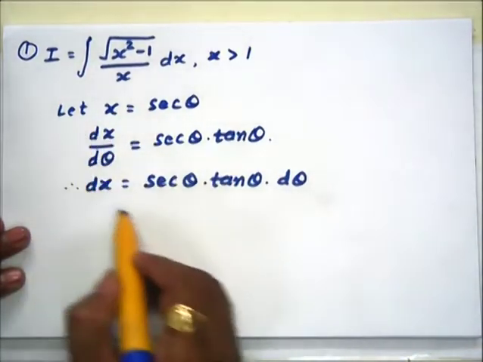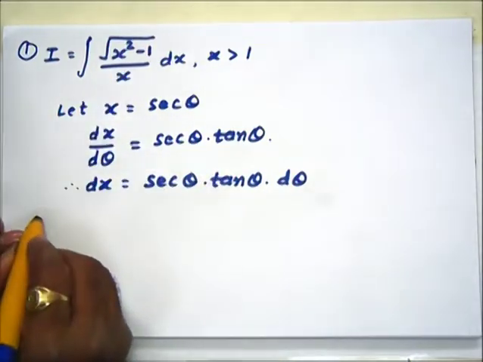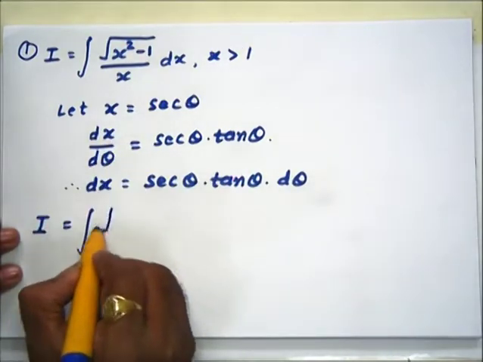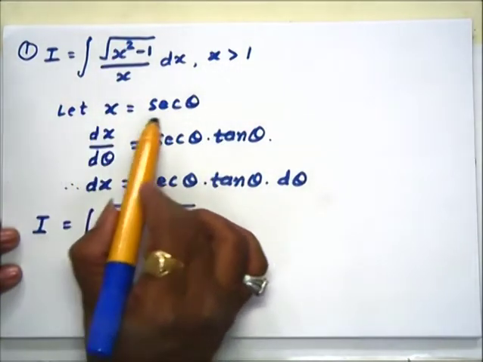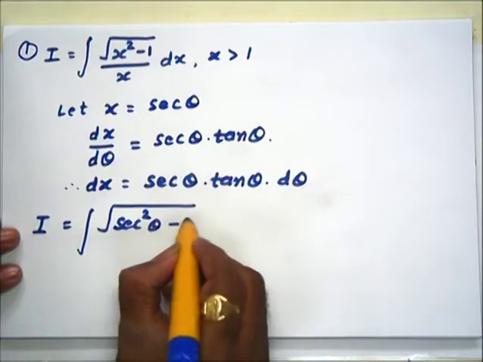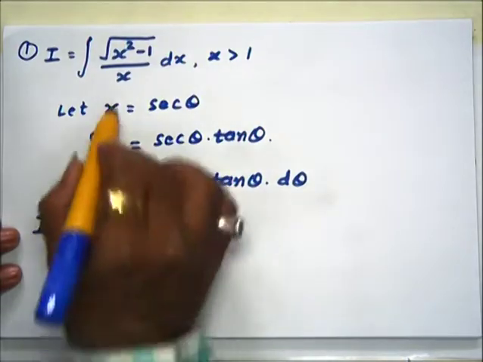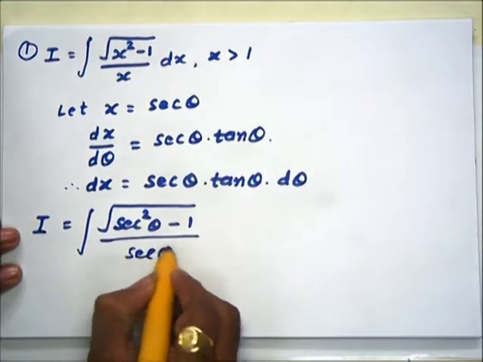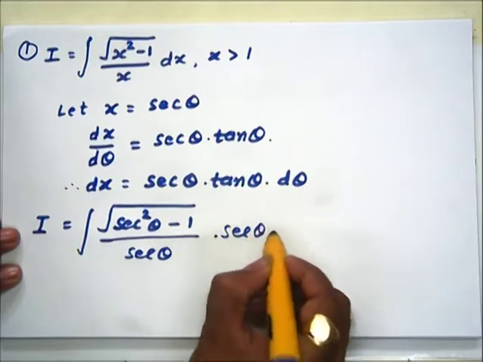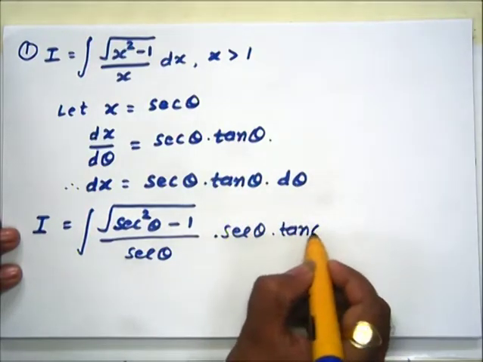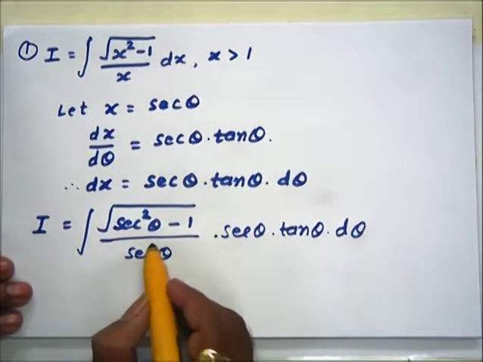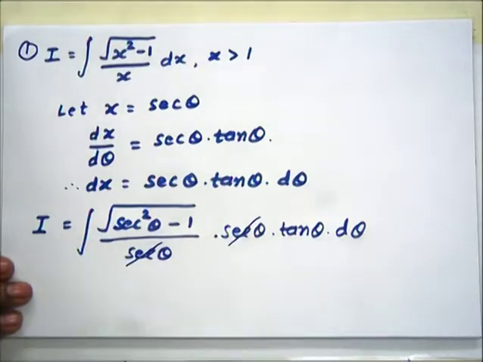Now substitute all these things in the integral. We have integration of square root of x square minus 1 upon x dx. Since x is sec theta, x square is sec square theta, so we have square root of sec square theta minus 1 upon sec theta, into dx, which is sec theta into tan theta into d theta. This sec theta will be cancelled out.